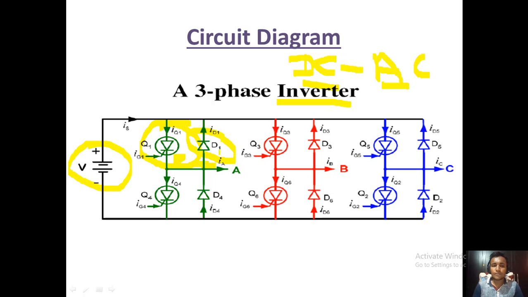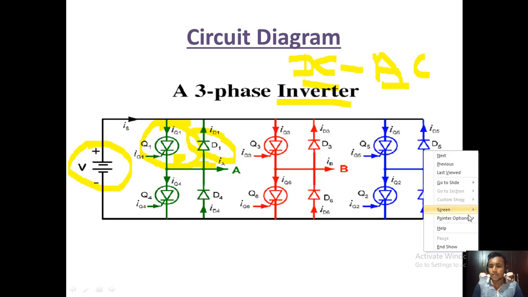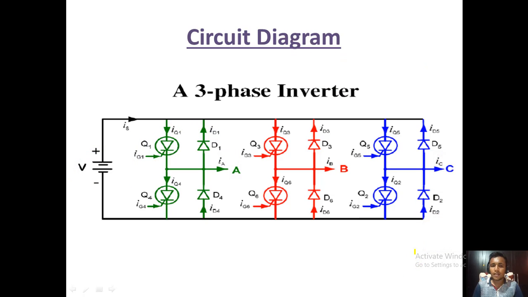The feedback diode function is what? To return the stored energy to the DC supply. So that is a feedback diode, a freewheeling diode and a rectifier diode. Now here the load will be connected across A, B and C.